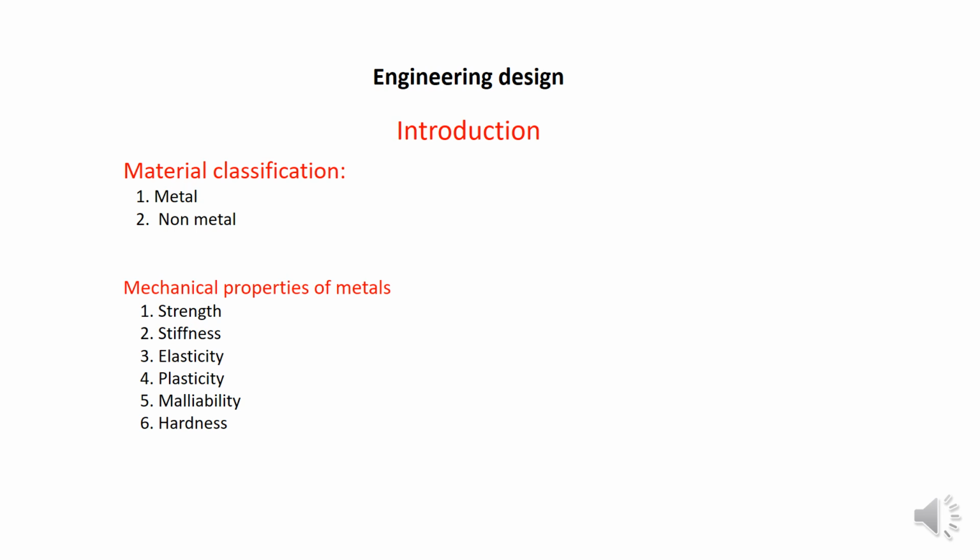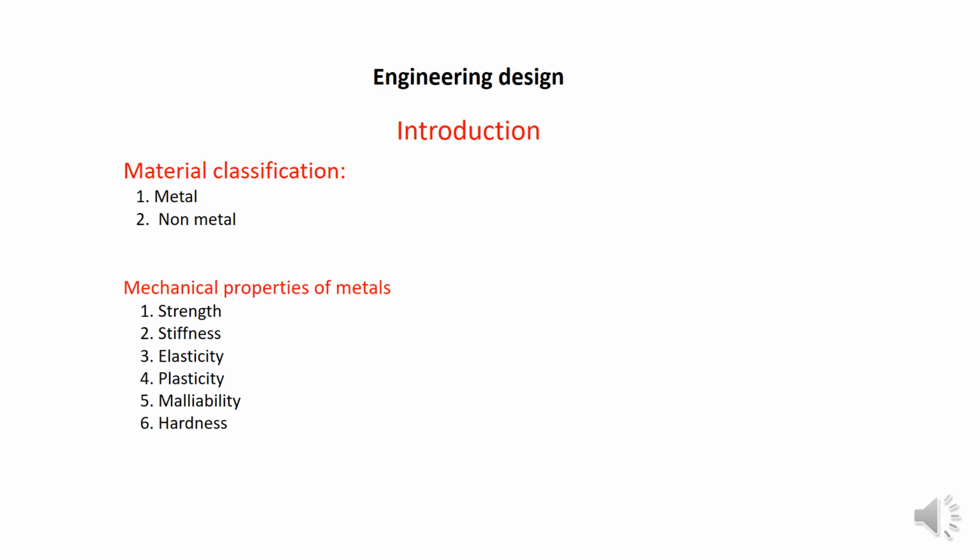So before we discuss engineering design, we should know some basic information about materials classifications. Materials are normally classified into two major categories: one is metals and another one is non-metals.